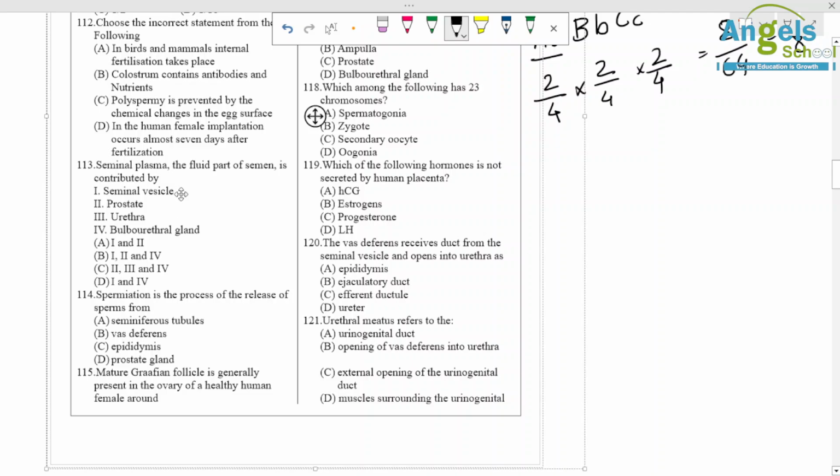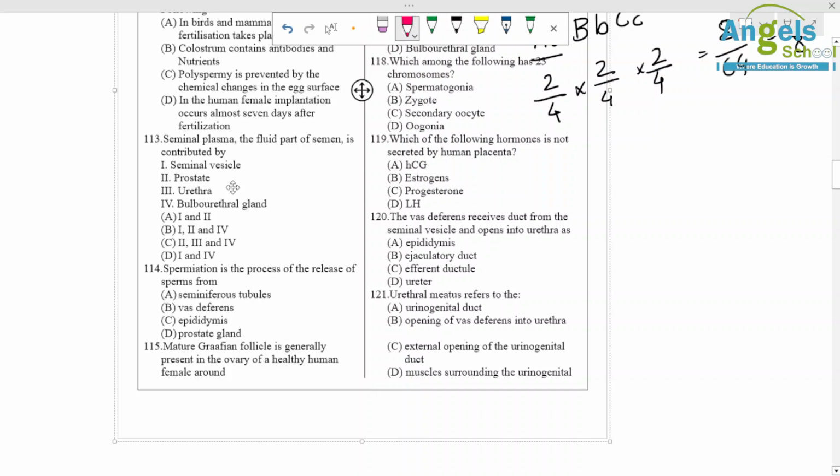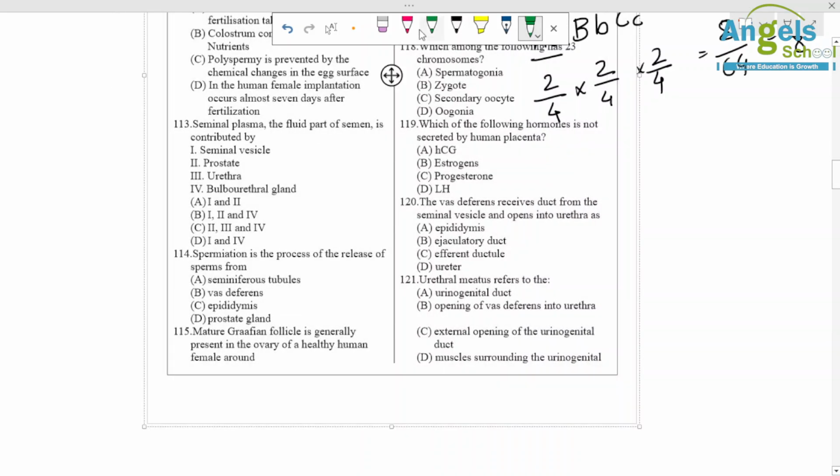Okay, so seminal vesicle, then prostate, and bulbourethral. So 1, 2 and 4 is the correct option. So B is the correct option for this.